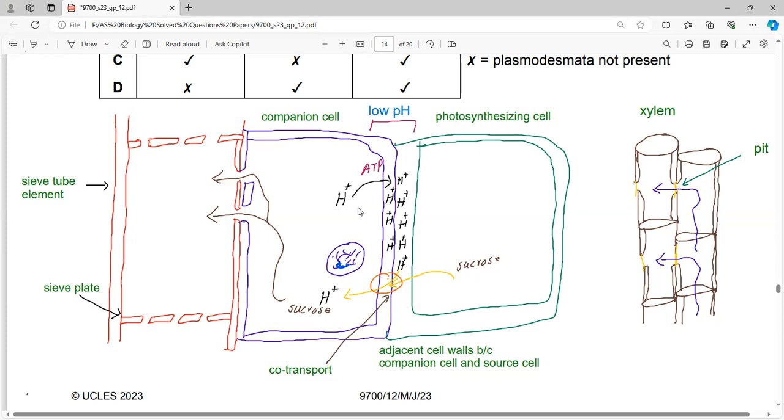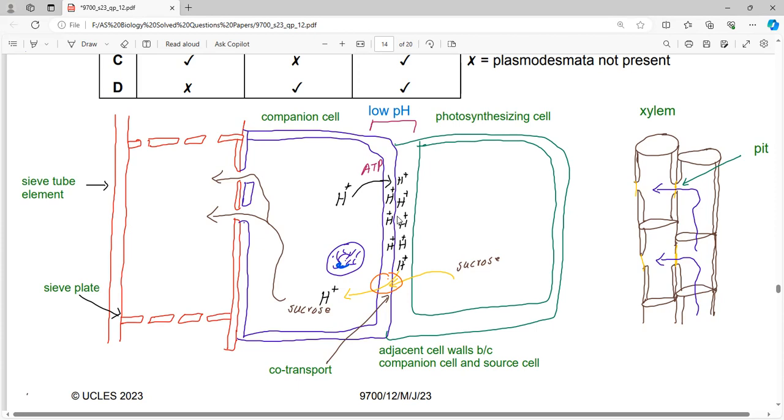The hydrogen ions are pumped into the cell wall, which is present between the photosynthesizing cell and the companion cell. When these hydrogen ions are pumped out, they're not going into the cell. They are staying inside the cell wall.